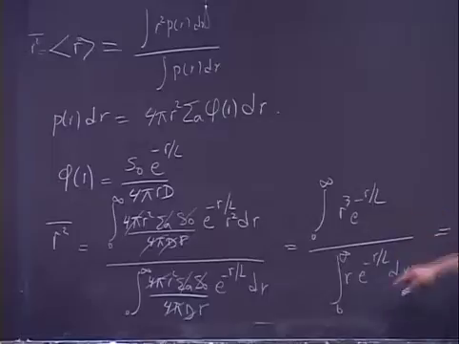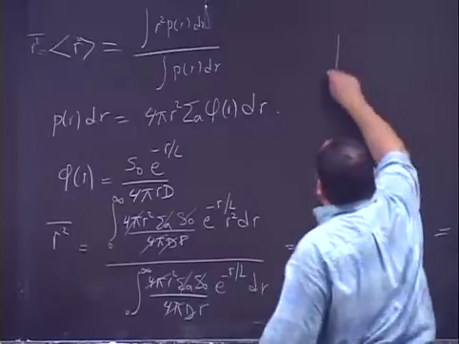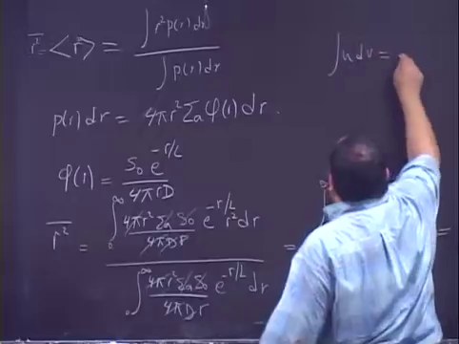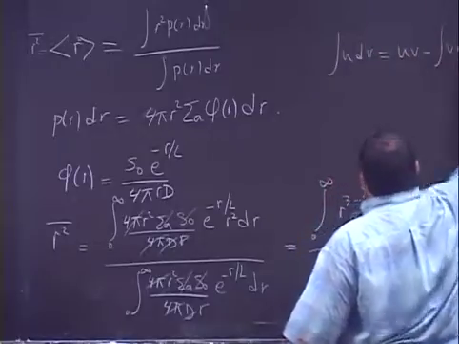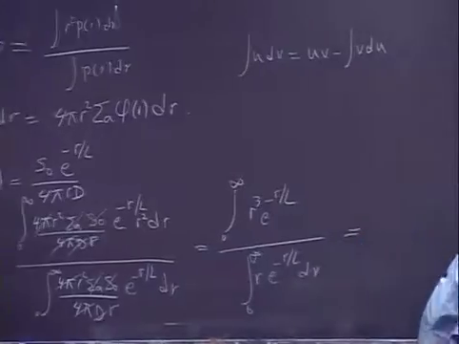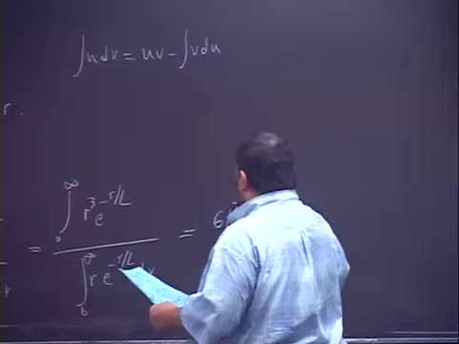If you try to do this by integration by parts, which gives you the integral of u dv equal to uv minus the integral of v du, for both terms, you'll be able to deduce that this is equal to 6L square.